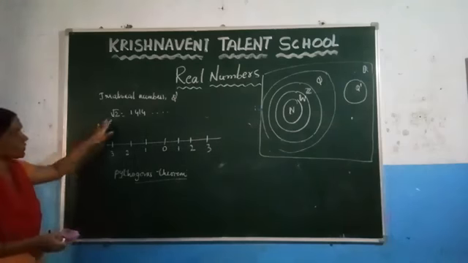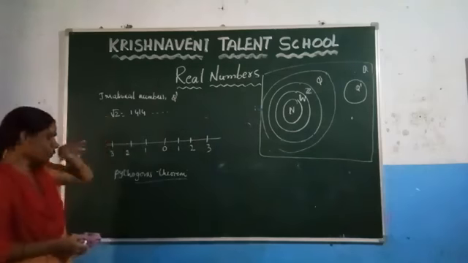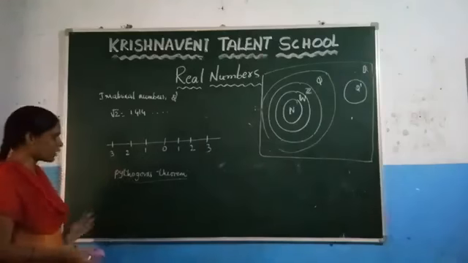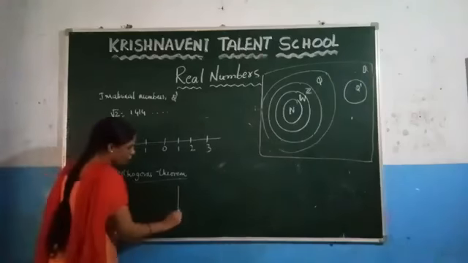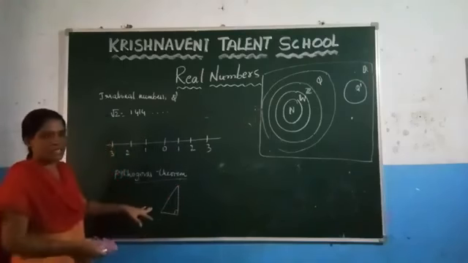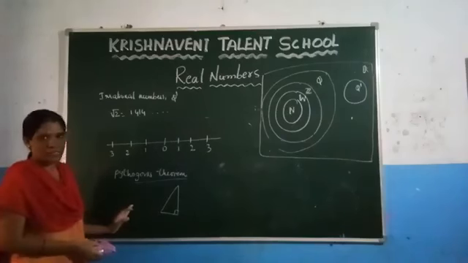You know that the Pythagoras theorem is applicable only for right angle triangles. What is a right angle triangle? If one of the angles is 90 degrees, we call it a right angle triangle.